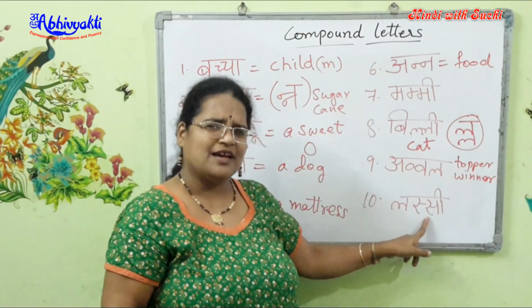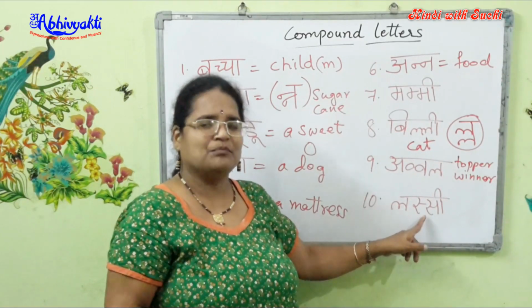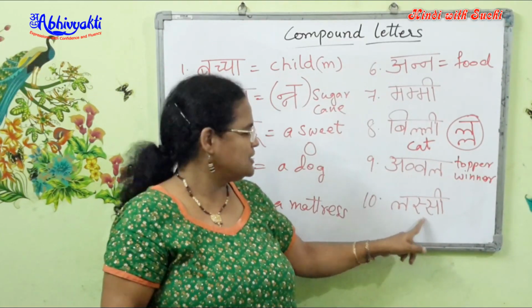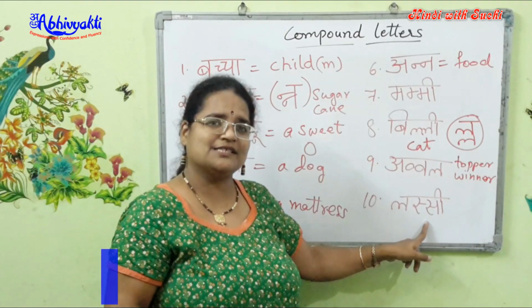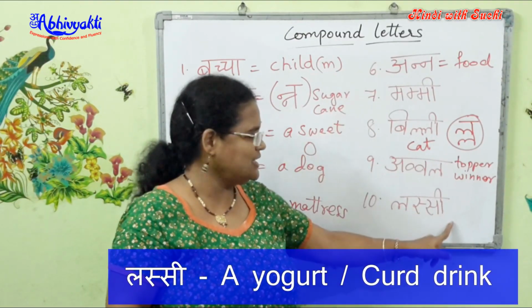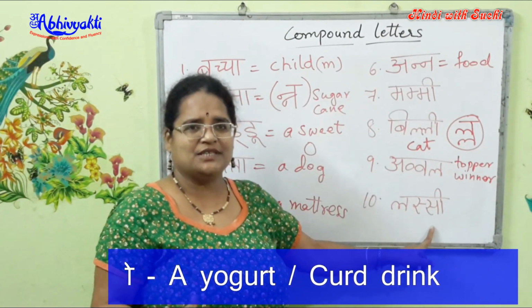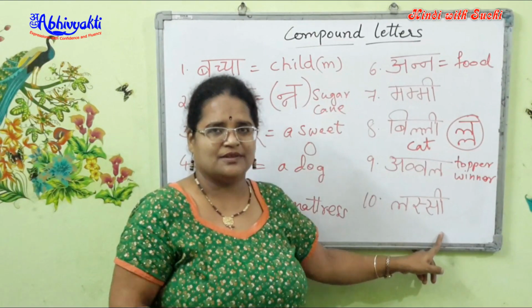Then we have, I think most people would know this drink. It is lassi, usually made of curd or yogurt. Again I have the sa without the stem joining another sa with the i matra, lassi. It is a sweet drink made of yogurt.